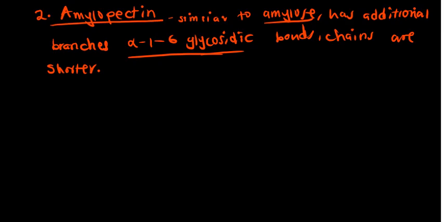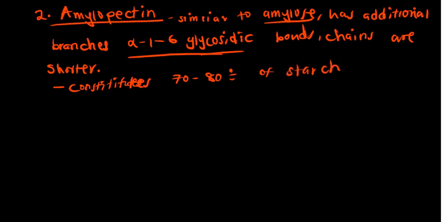So this one constitutes a high percentage, about 70 to 80% of starch. So this means that amylopectin is what makes a high percentage of starch.